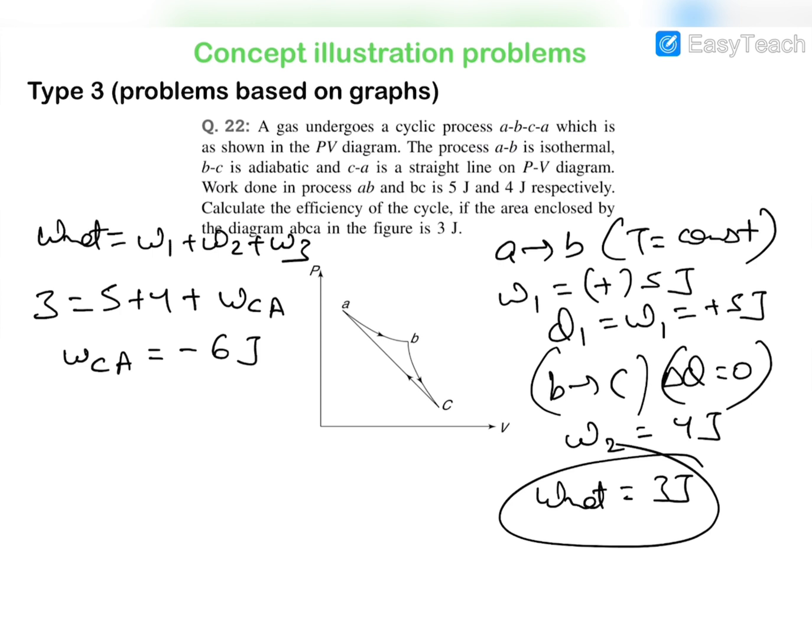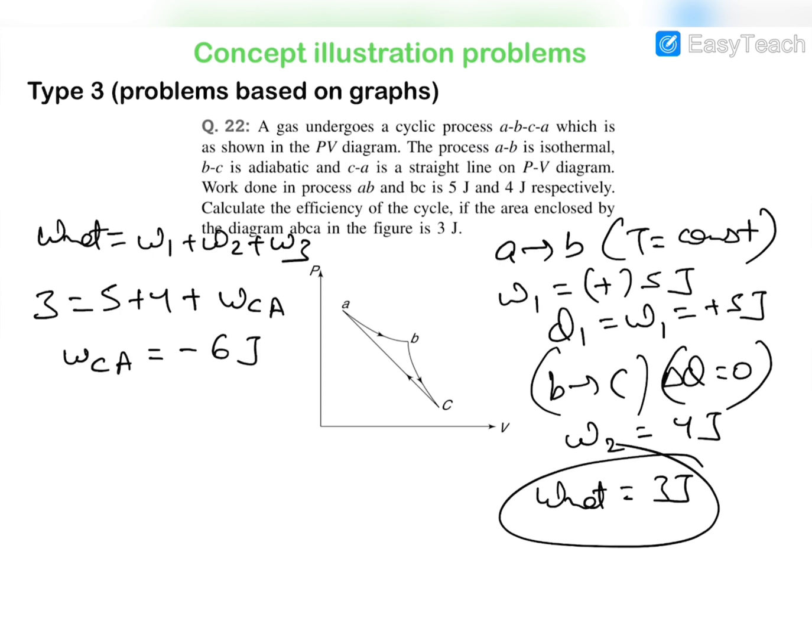which means that you can see that volume is decreasing, so work done will be negative, and pressure is increasing and volume is decreasing. So we cannot say exactly that the temperature will be constant, but we have to predict this fact.